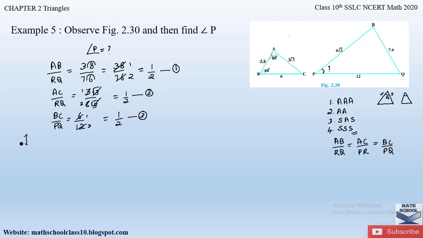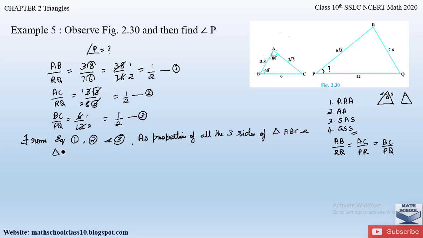So write down from equations 1, 2 and 3 as the proportion of all the three sides of triangle ABC and triangle RPQ is same. Therefore, we can say that the triangle ABC is similar to triangle RPQ by SSS similarity criteria.